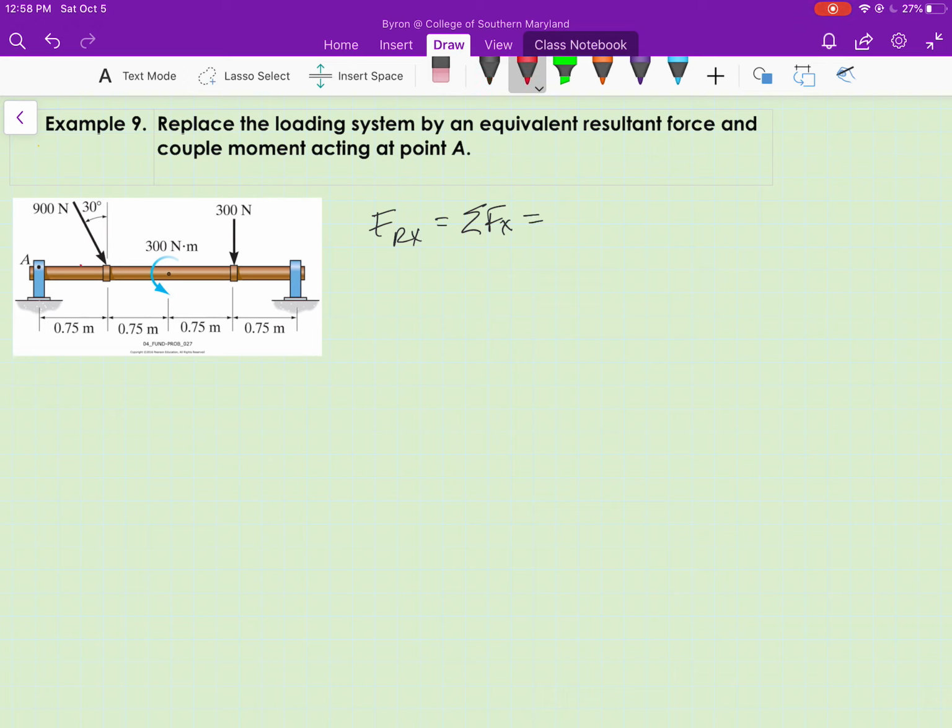And the 900 Newton force has an x component, which is equal to 900 sine 30. The 300 Newton force has no x component, so the x component of the resultant force is 450 newtons.